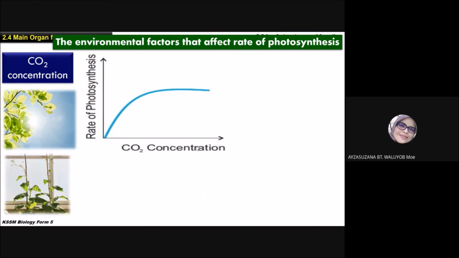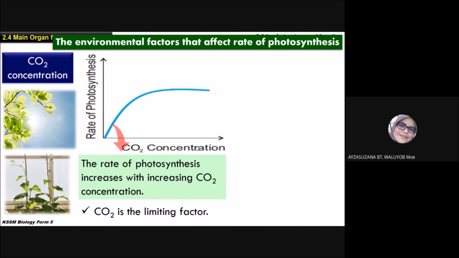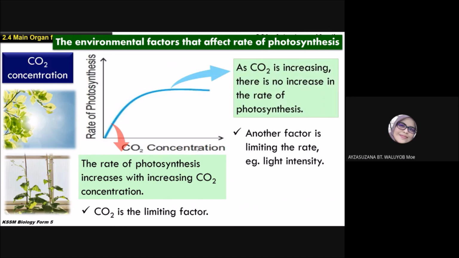Carbon dioxide concentration. The rate of photosynthesis increases with the increasing of carbon dioxide. So, we say the carbon dioxide is the limiting factor. Maksudnya banyak carbon dioxide, banyaklah photosynthesis. As the carbon dioxide is increasing, there is no increase in the rate of photosynthesis because another factor is limiting the rate.